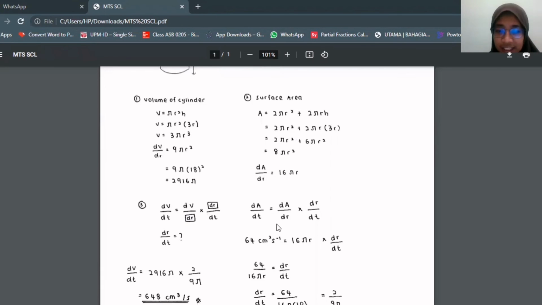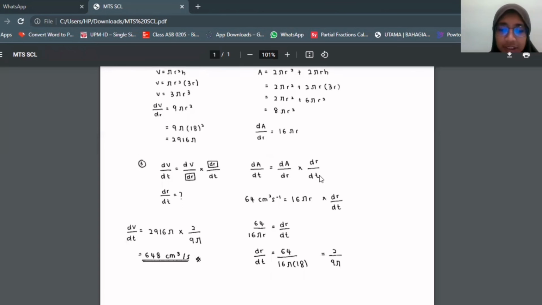So dA over dt is equal to dA over dr times dr over dt. dA over dt is given from the question, so we just substitute. dA over dr is from the surface area we got just now. So we substitute, and we want dr over dt. We simplify and get dr over dt is 2 over 9 pi.